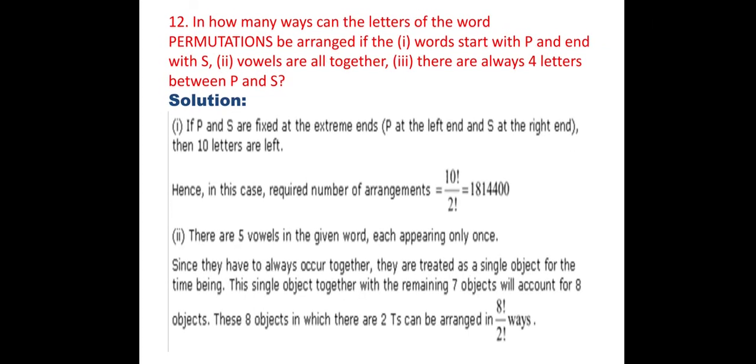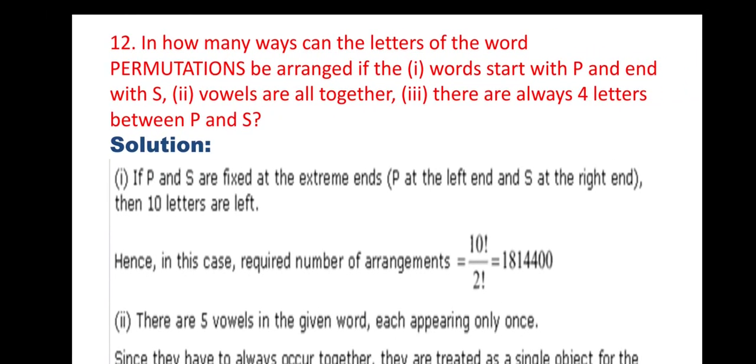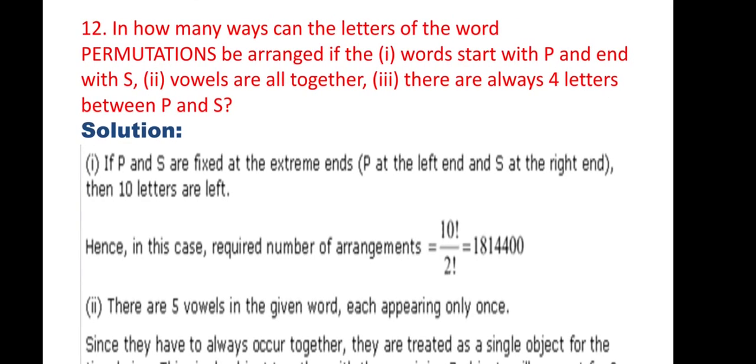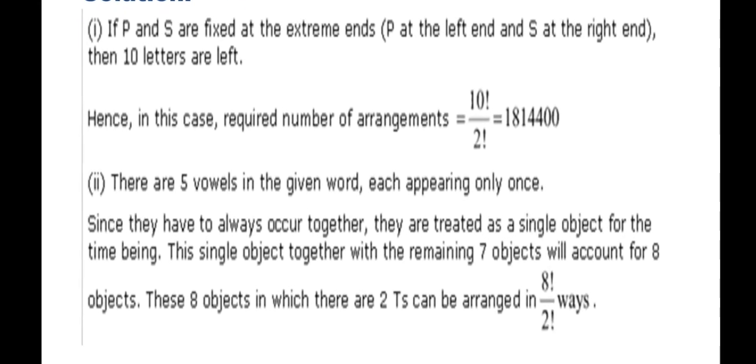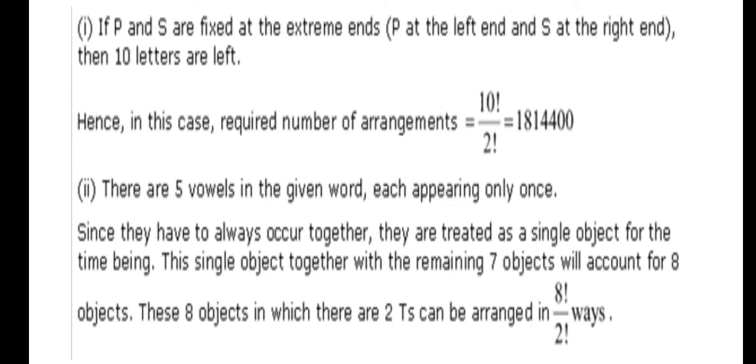Now the second question is, vowels are all together. There are 5 vowels in the given word. When you consider all the vowels together, since they always occur together, they are treated as a single object. This single object together with the remaining 7 objects makes 8 objects in total.